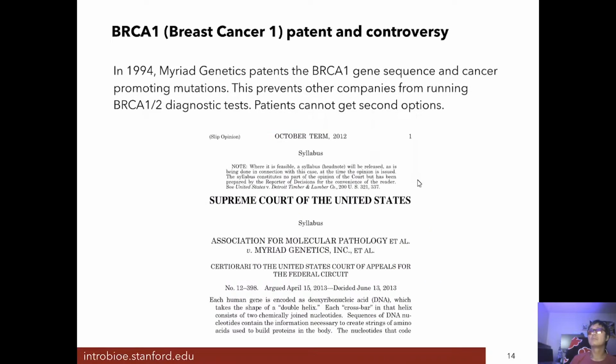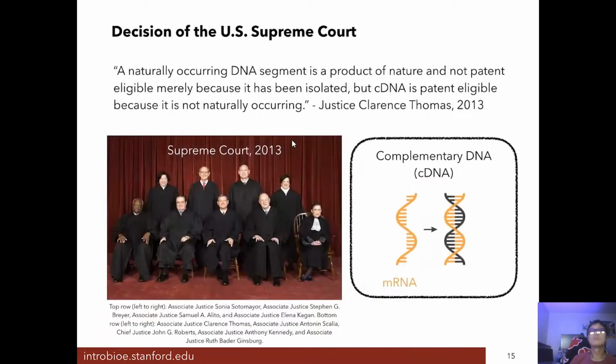And the court rules actually against Myriad Genetics. They decide that you cannot patent a DNA segment, which is really fascinating, actually. It has some interesting ramifications on the current state of diagnostics in the country and of biotech. Here's a quote from the majority opinion, which was written by Justice Clarence Thomas in 2013.